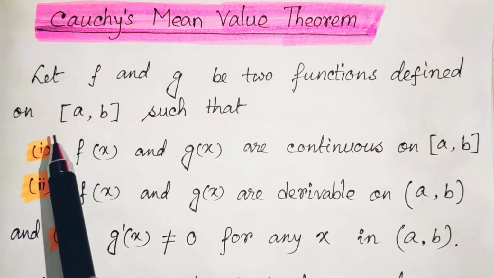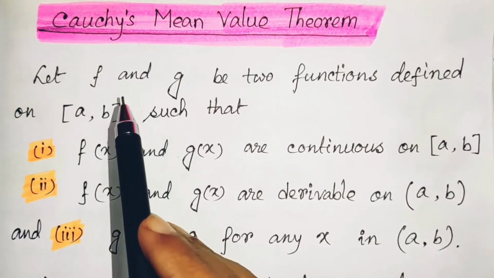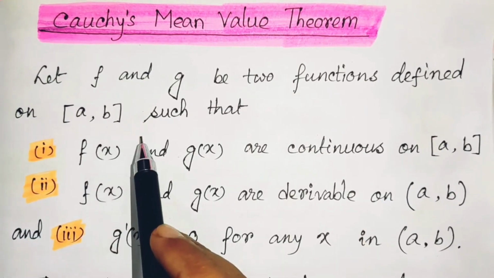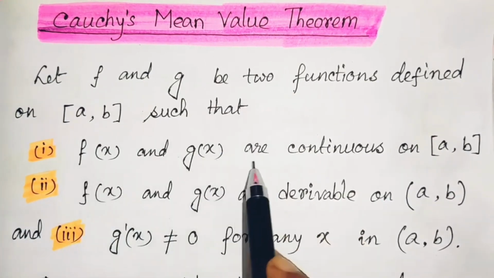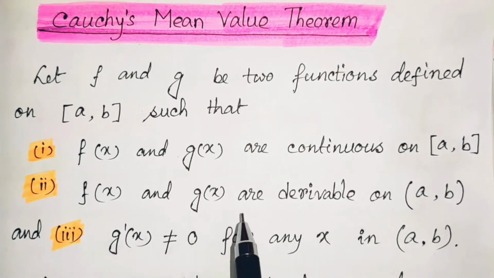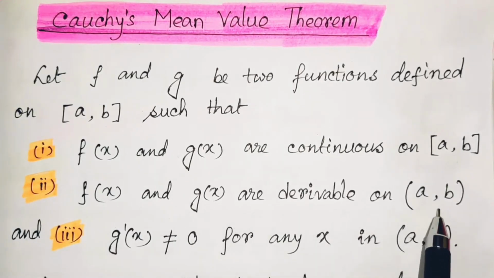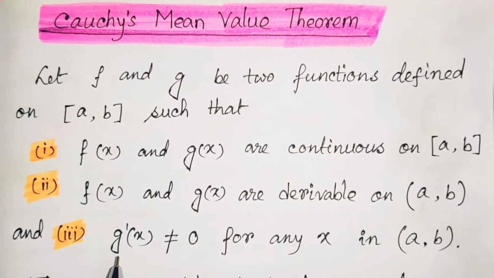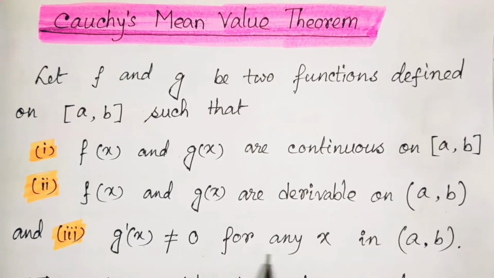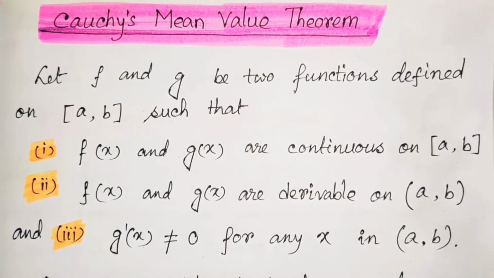The statement of the theorem is: let f and g, two functions, be defined on the closed interval ab such that both functions are continuous on the closed interval ab and both are differentiable on the open interval ab. One more condition is added here, that the derivative g dash x is not equal to 0 for any x within the given interval.